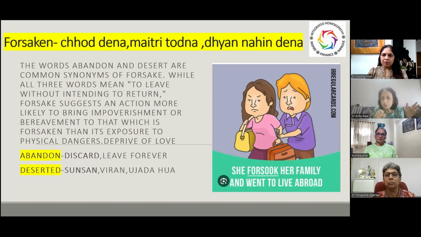Nobody wants you. In this picture you can see how the girl is leaving her old parent, so she forsook her family and went to live abroad. This is emotional. Now many NRIs send money for their parents and tell them to hire an attendant, but they themselves do not come even once in 2-4 years to ask their parents how they are. And when the husband is too busy and doesn't have time for family, the wife will feel forsaken. Or in a family, in-laws and husband are on one side and the wife is not given that importance or consideration, is not made a part of decision making or major things. Then she may get that forsaken feeling: "Haven't you considered me a part of the family yet?"